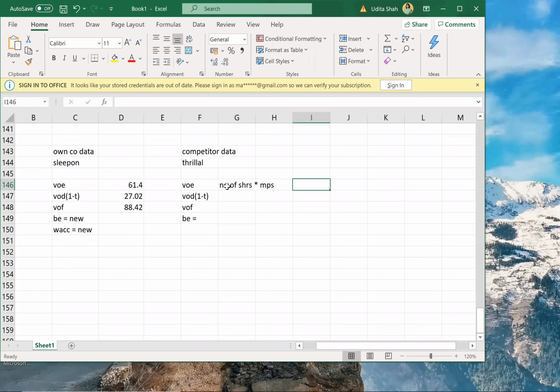Correct? Means what? $1 for one share. So that means I have 400 million shares into what is the current market price of Trilal's share? See if you can find it.